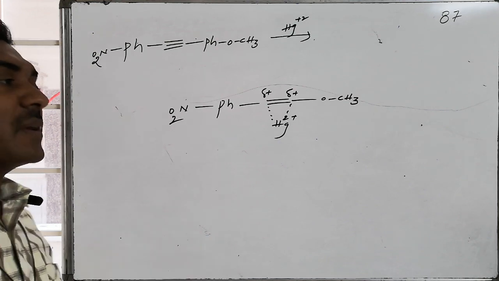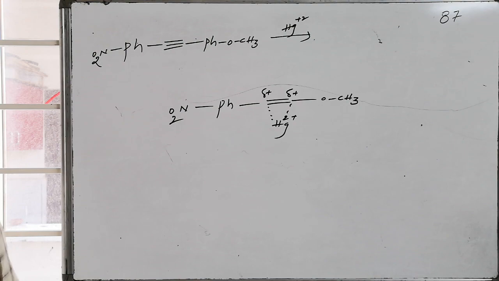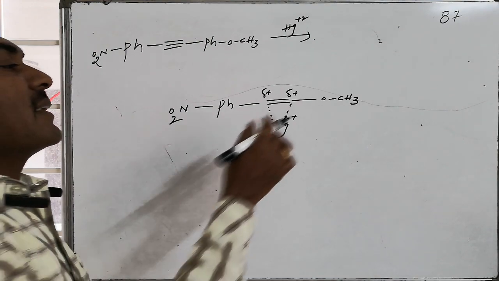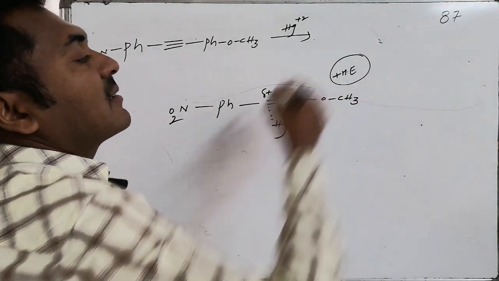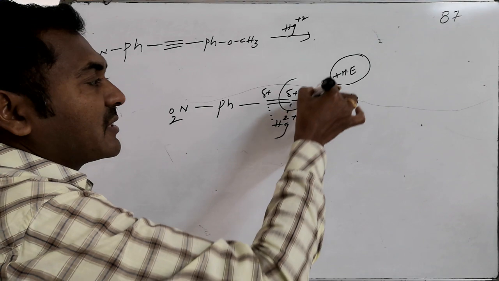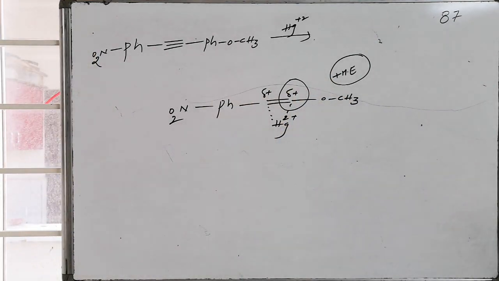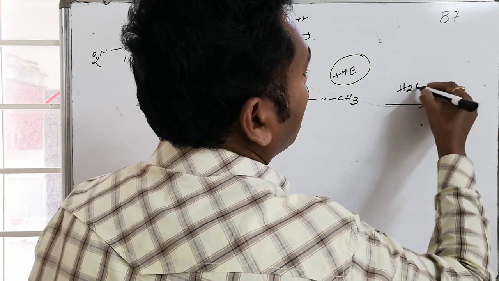Out of these two partial positive charges in the cyclic mercury 2 plus cation system, as this group is a plus M group, it stabilizes the positive charge, hence this carbon with positive charge is relatively more stable compared to the other one. This one is opened by the water molecule.